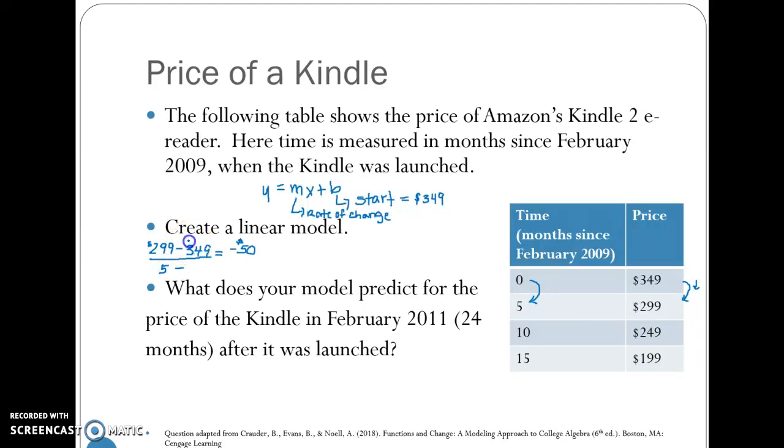And the $349 went with 0 months, the launch. So when I do that subtraction, I end up with a positive 5. And then doing this math on my calculator or in my head, I find that the price decreases by $10 per month. So I have my slope of negative 10.